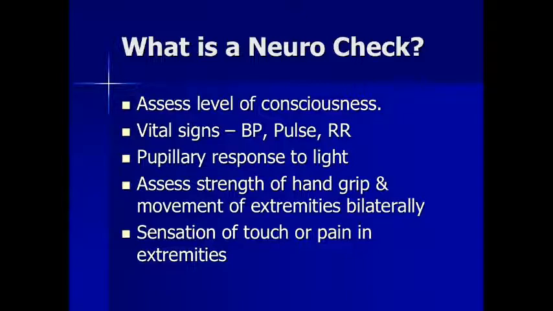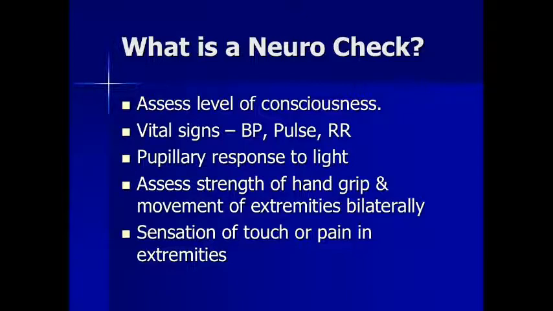Pulse usually will show bradycardia with increasing intracranial pressure. So as pressure builds up, generally the pulse gets slower and slower. The respirations or respiratory pattern is dependent on the pressure being placed on the brainstem, so you may see varying respiratory patterns with neuro patients.